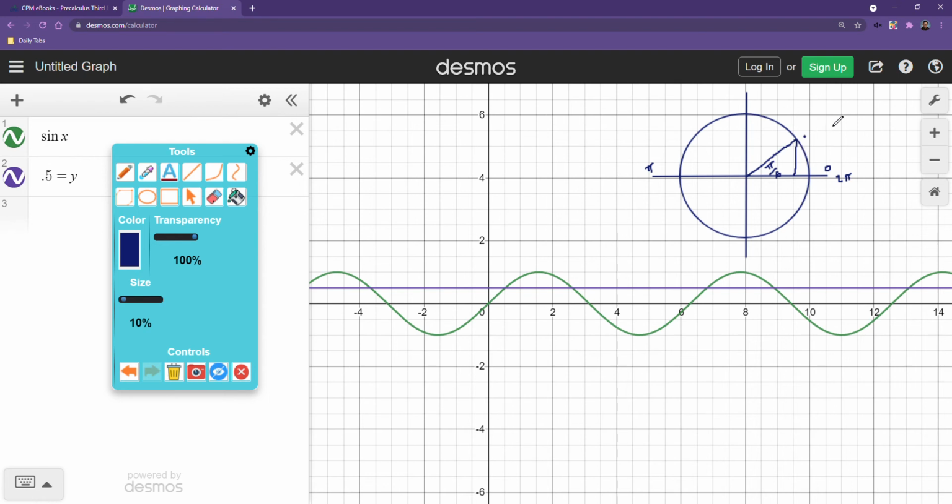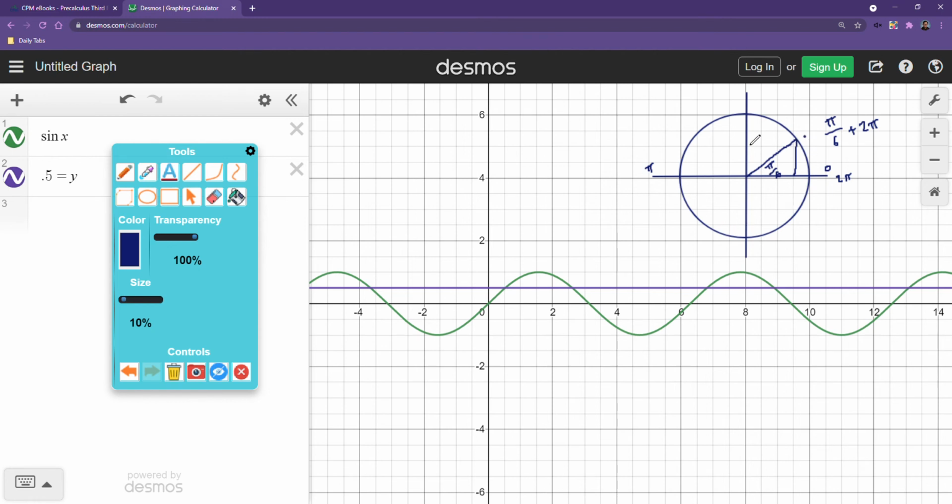So for my answer of pi over 6, I can actually add 2 pi to that, because that's just going all the way around. That's 2 pi. But then if I do another 4 pi, that's 2 loops, that works as well.